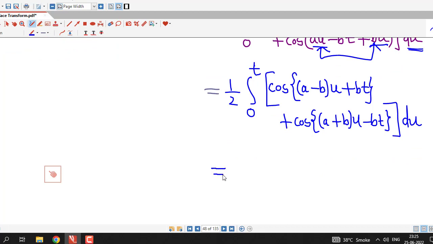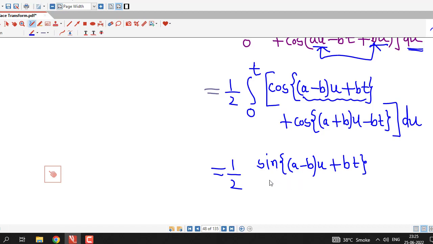Now we integrate with respect to u. Integral of cosine of a minus b into u plus bt will be equal to sine of a minus b into u plus bt divided by the coefficient of u, which is a minus b.